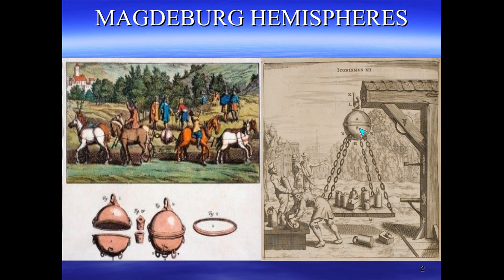There is a resistance of the material, it can be steel, or at that time perhaps something like a strong metal. The resistance of the metal resists the air pressure, and it doesn't get deformed.